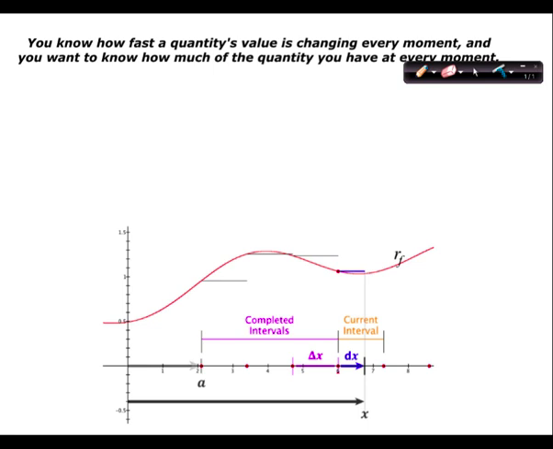How do they allow us to build accumulation? How do we get accumulation from rate of change?